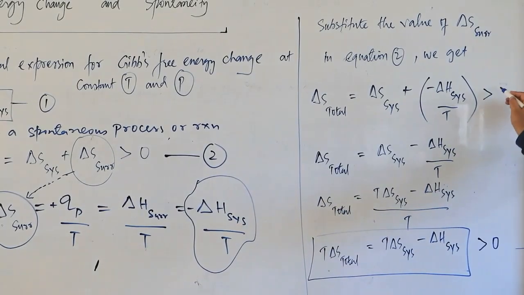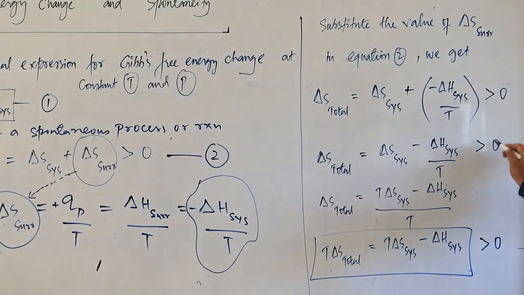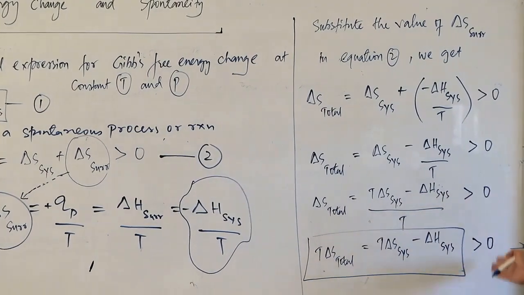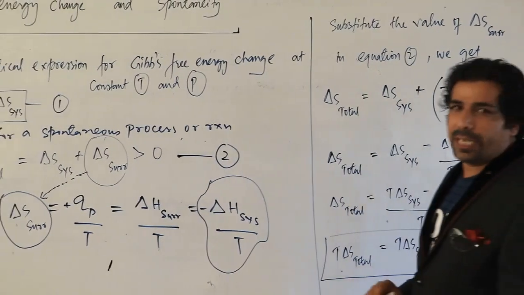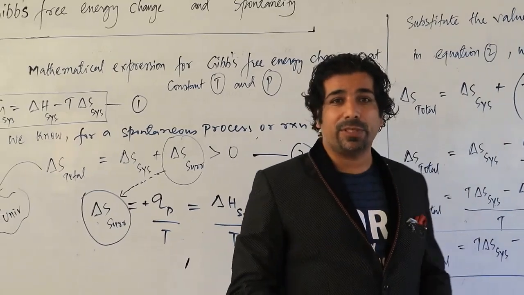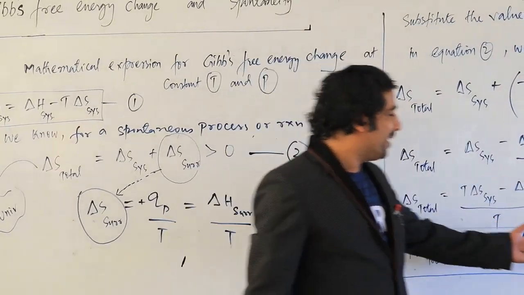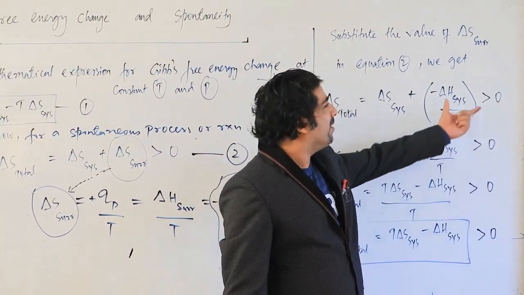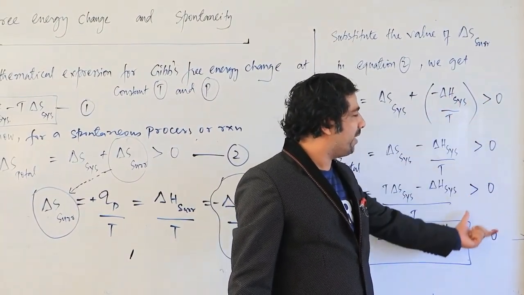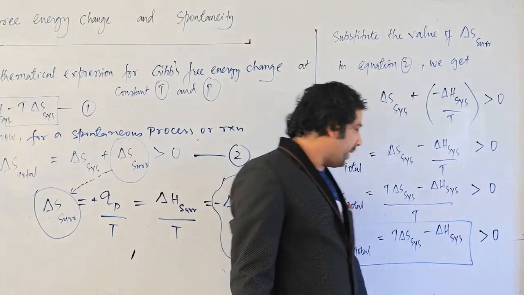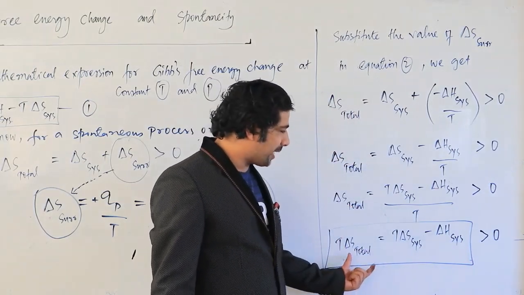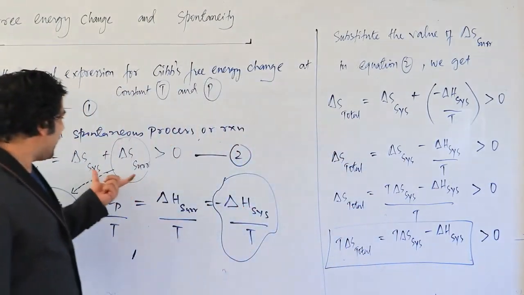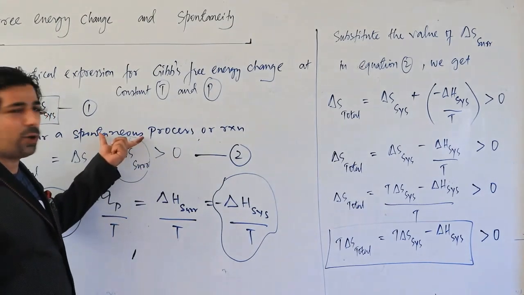Okay, you can add greater than 0 everywhere, and finally this one. It's not necessary, but for your understanding I am telling you that you can either say this is greater than 0 at the end, or right from the beginning you can mention it everywhere. Yes? So my dear friends, finally we have this particular expression. Once again I am telling you, this expression was greater than 0, so it's a spontaneous process.